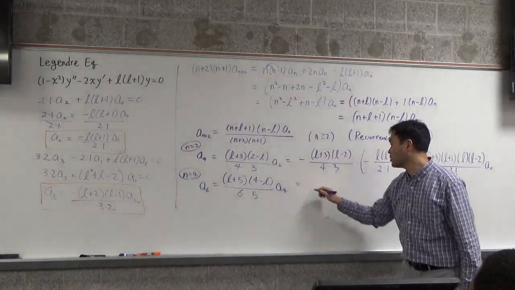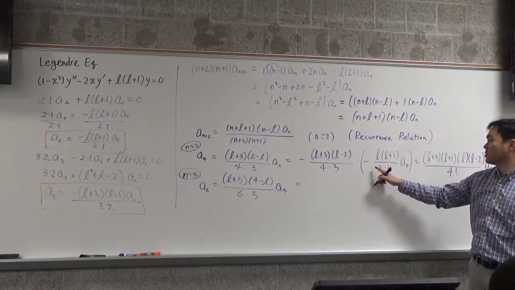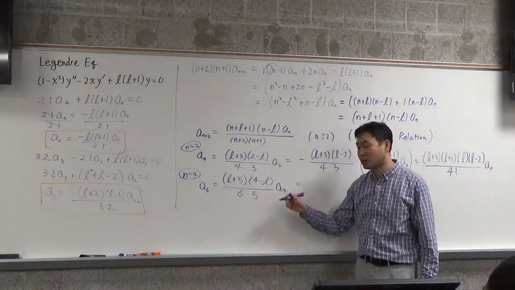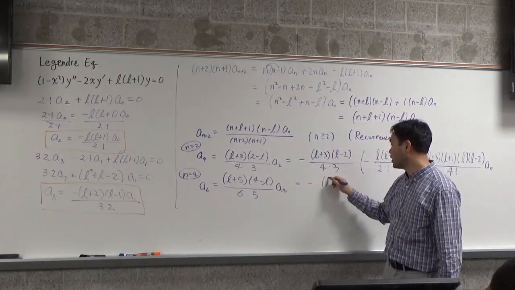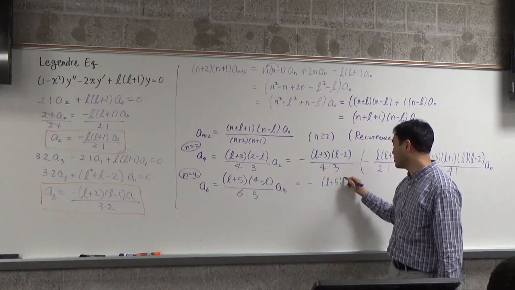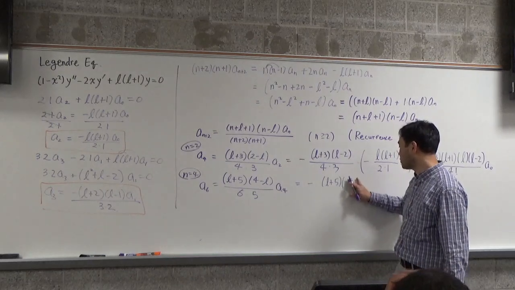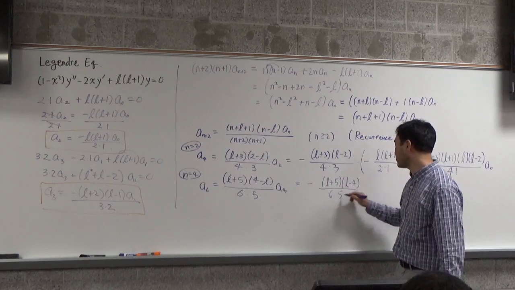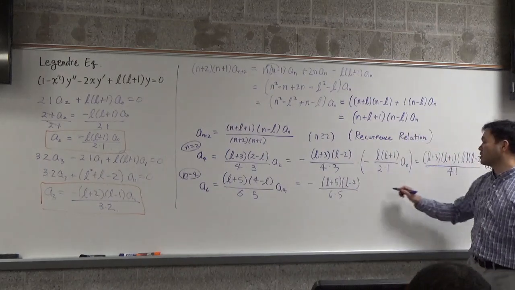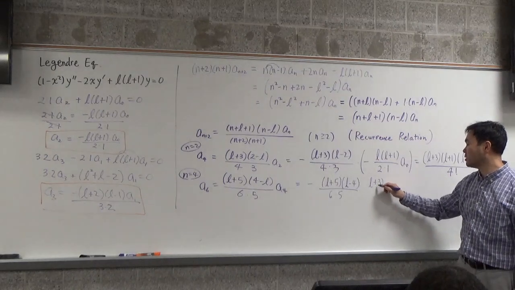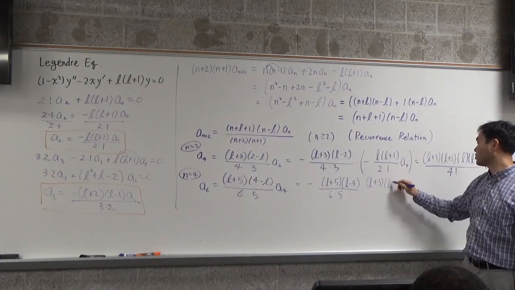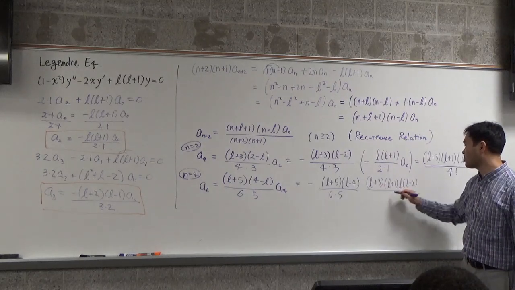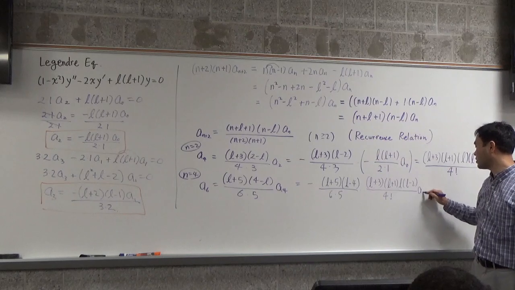And because we already had this for A4, we can plug that in. But again, I don't like 4 minus L. I'm going to put a minus sign and write down L plus 5, 4 minus L minus 4 over 6 times 5 times L plus 3, L plus 1, L minus 2 over 4 factorial A0.